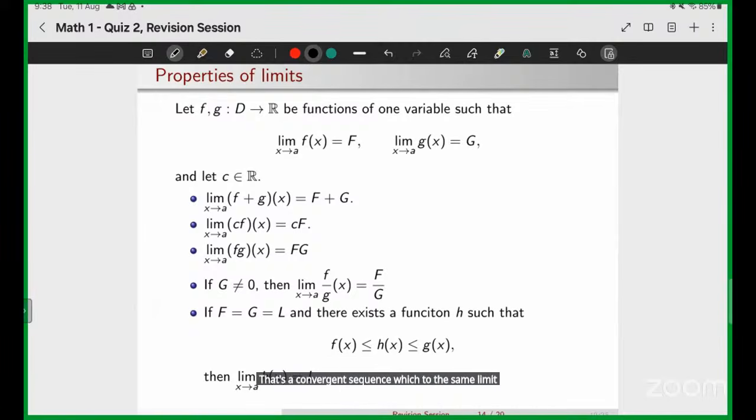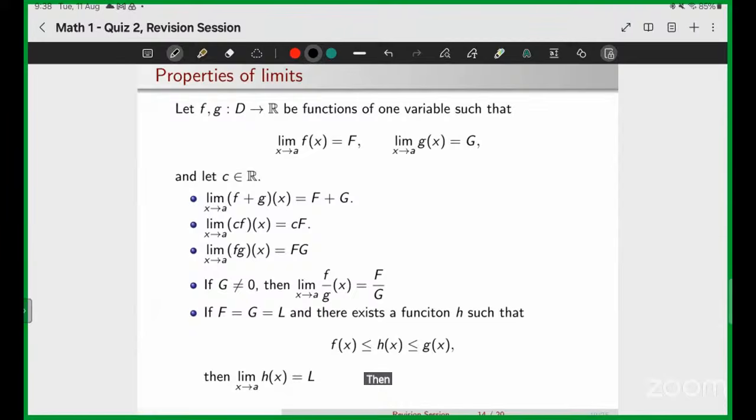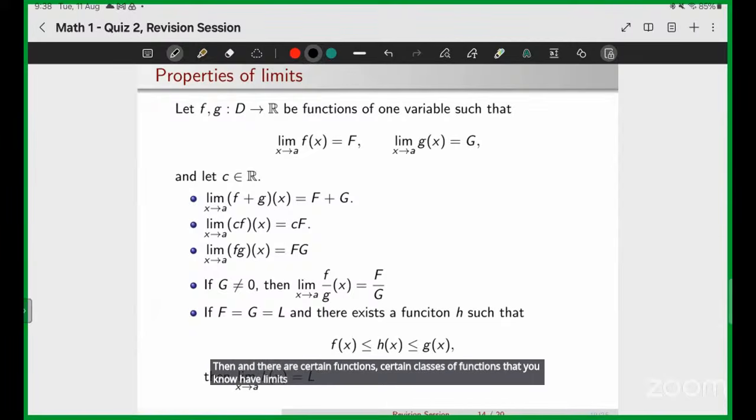You have to convert it into a combination of well-known functions, like whatever we have over here: sums of functions, scalar multiples, products of functions. There are certain classes of functions that have limits, like trigonometric functions and polynomial functions.